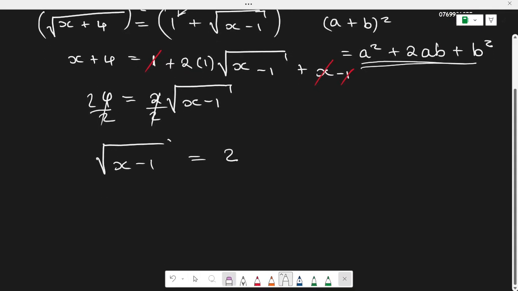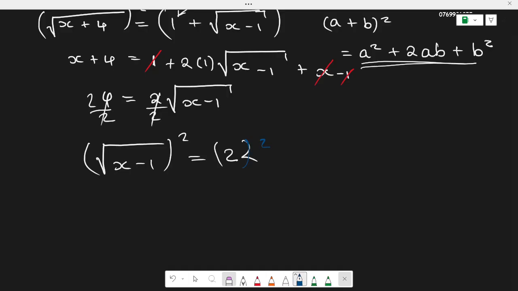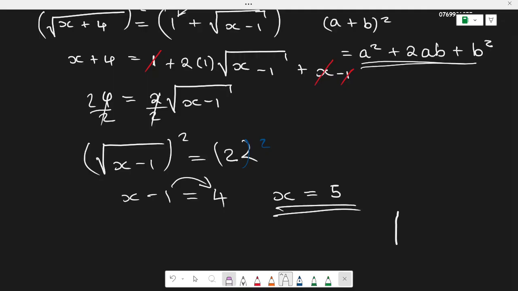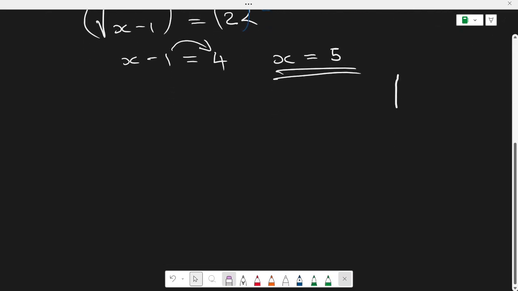How we can do that is by squaring both sides again. So on this side we have x minus 1, and on the other side we are going to have 4. And when we make this one jump to this side, we get x to be equal to 5. And that's our answer. Let's try to do another question so that we can build knowledge.